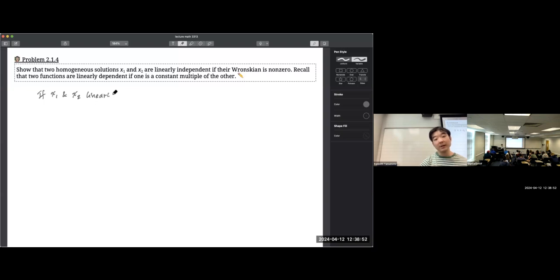Then there exists some constant C such that x1 can be written as a constant multiple of x2.